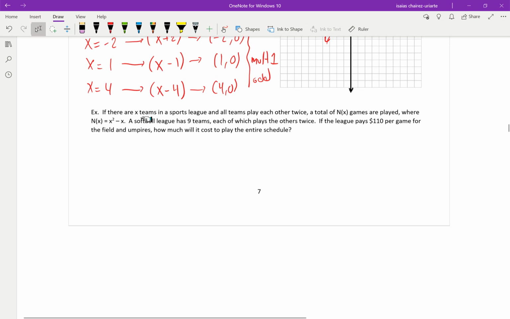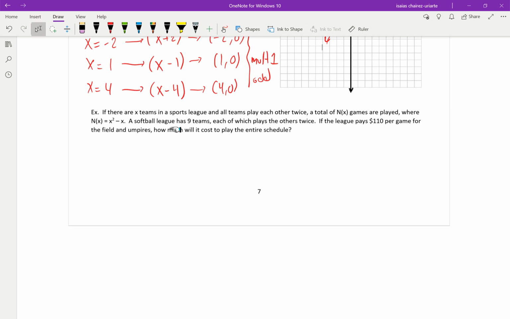A softball league has 9 teams, each of which plays the others twice, so the same rules. If the league pays $110 per game for the field and umpires, how much will it cost to play the entire schedule? Oh, sports. I'm really bad at them. So pause the video, see if you can answer this question.